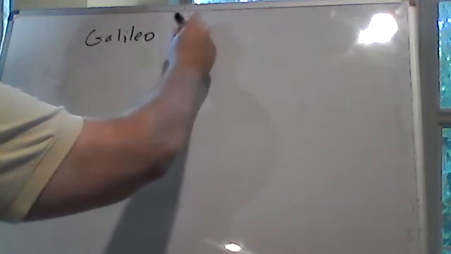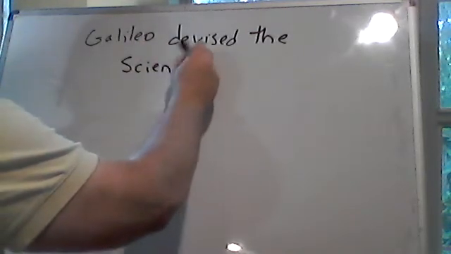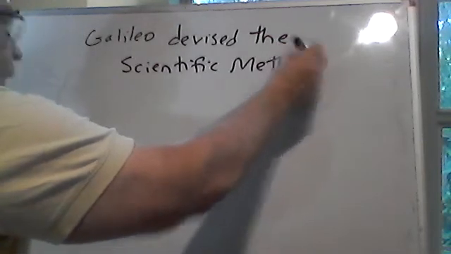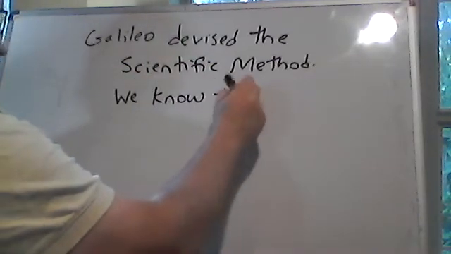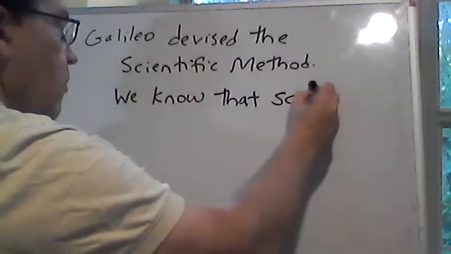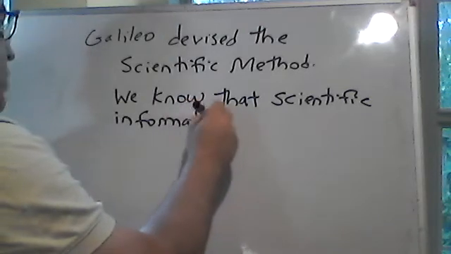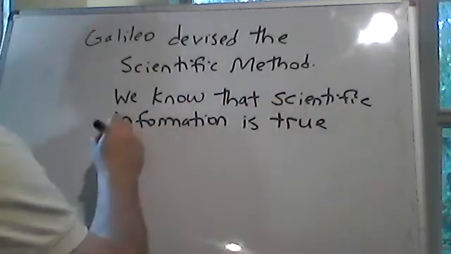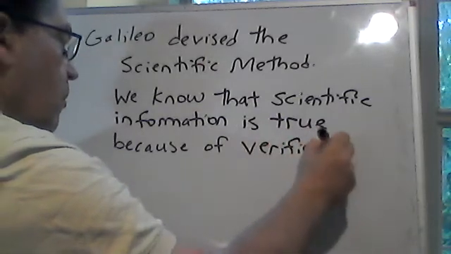There's evidence for the heliocentric theory, and then comes Galileo. So what Galileo did is Galileo basically devised what we call the scientific method. Okay, and that is basically we know that scientific information is true because of verification by experiment.